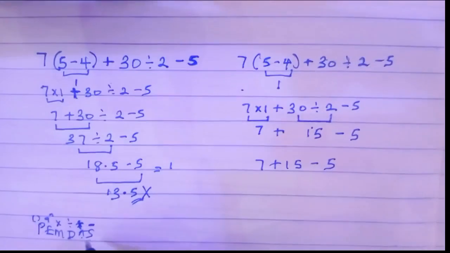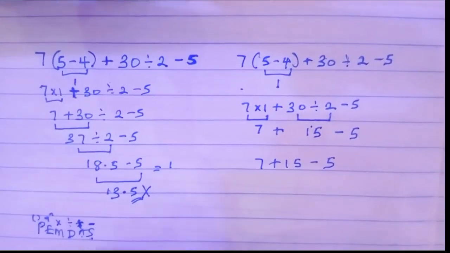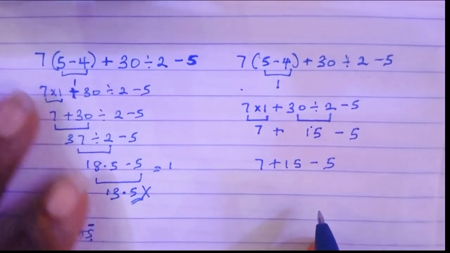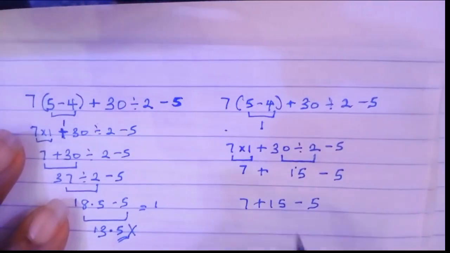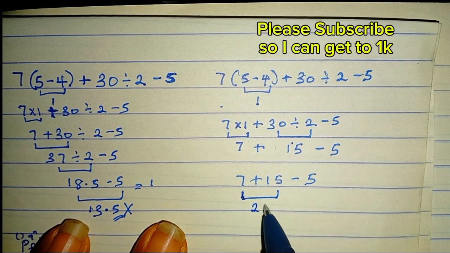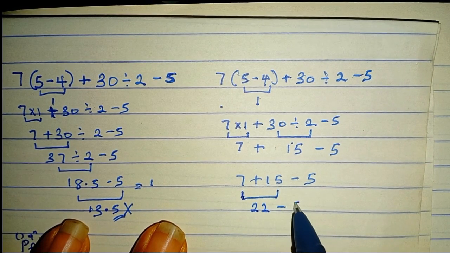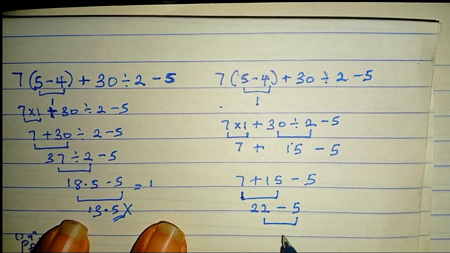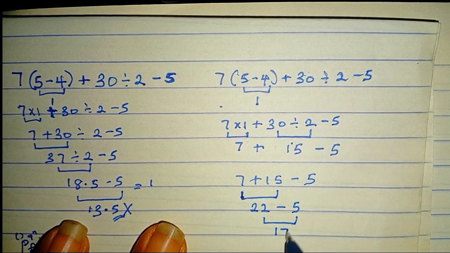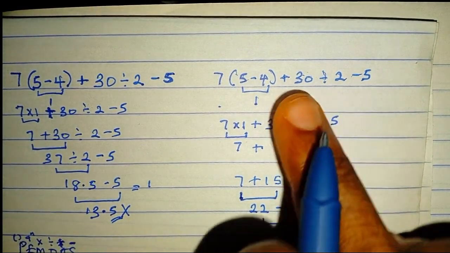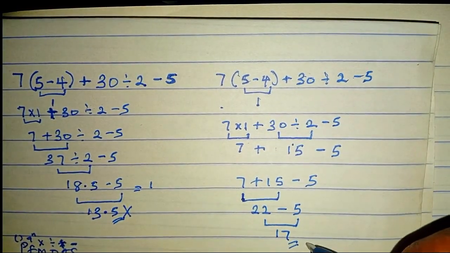Here we're having addition and subtraction, so we go from left to right. This plus this will give us 22 minus 5. Then when we subtract it, we are going to get 17 as our answer. So the right answer to this operation is 17.